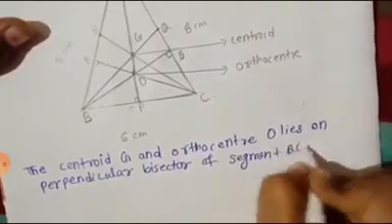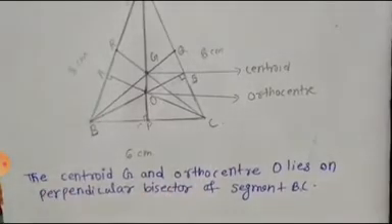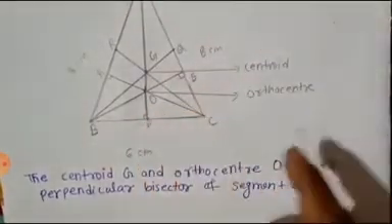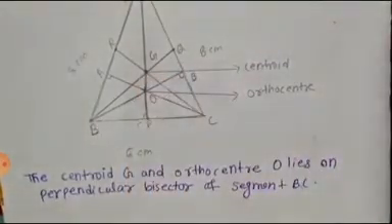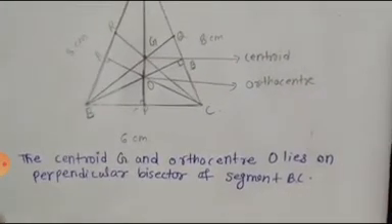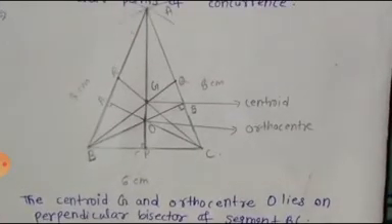So I will write the observation. This is the observation of the construction. Hope you people understood the construction of question 6. You can see the centroid G and orthocenter O are on the same perpendicular bisector. So this is your observation and this is your construction.